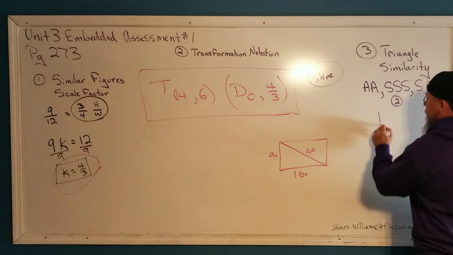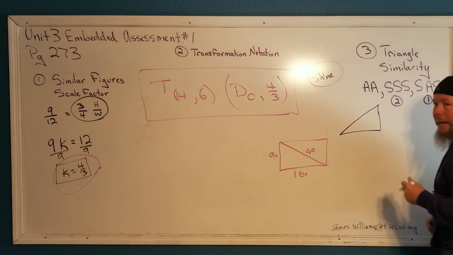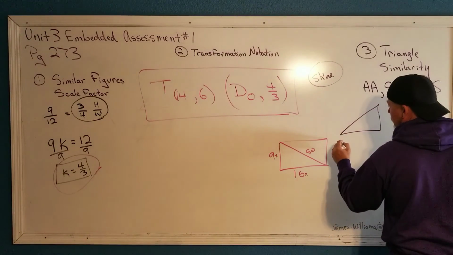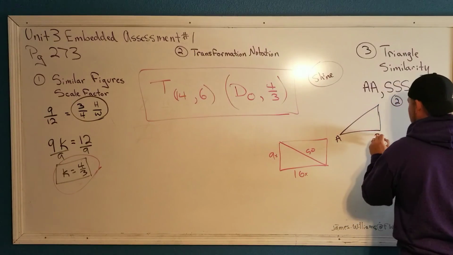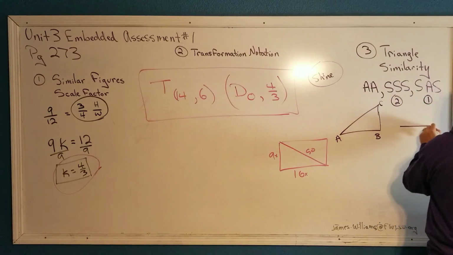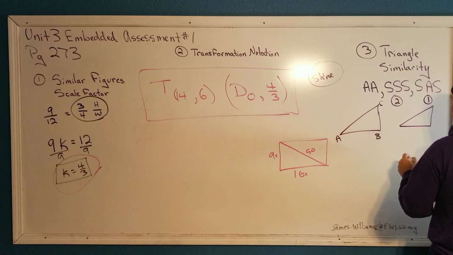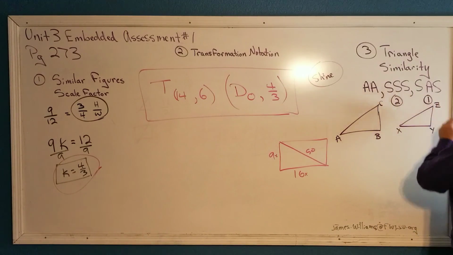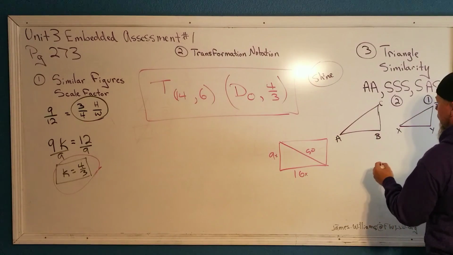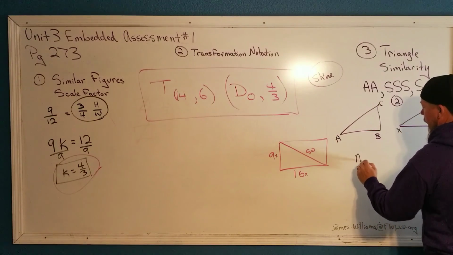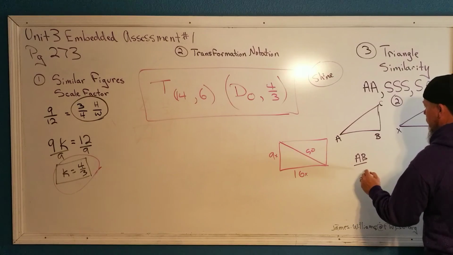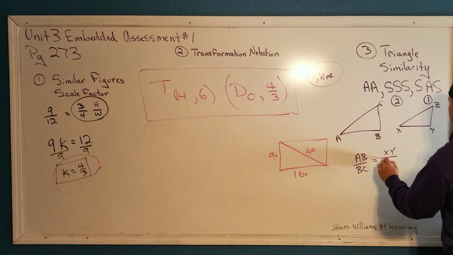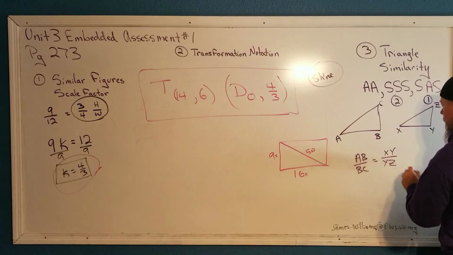My suggestion is, given the two triangles, go ahead and give the corners letters. Maybe you call this A, B, C, and for the smaller triangle, no reason in particular, I'm going to call it X, Y, Z. Then you would show that AB versus BC is equal to XY versus YZ.